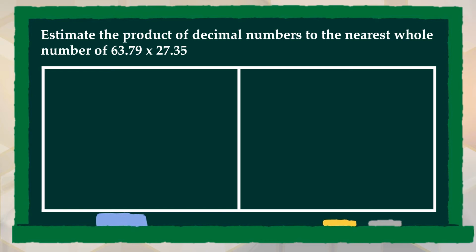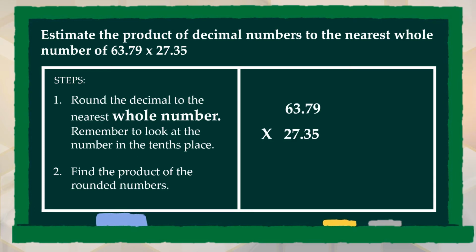We have here another example. Estimate the product of decimal numbers to the nearest whole number of 63 and 79 hundredths and 27 and 35 hundredths. Again, round off the decimal numbers to the nearest whole number. So 63 and 79 hundredths is approximately equal to 64. And 27 and 35 hundredths is approximately equal to 27. Next step is to find the products of the rounded factors.